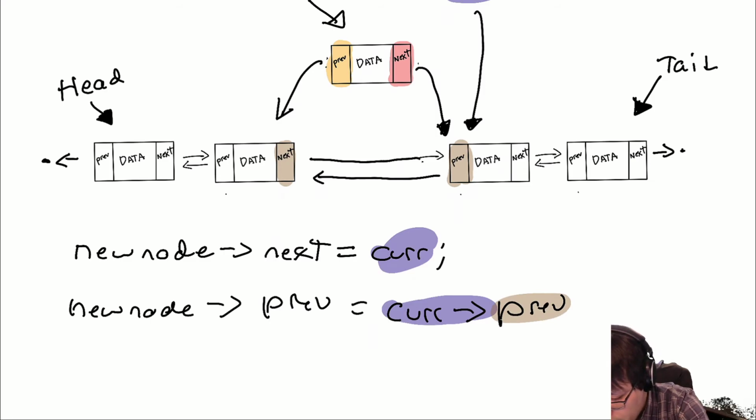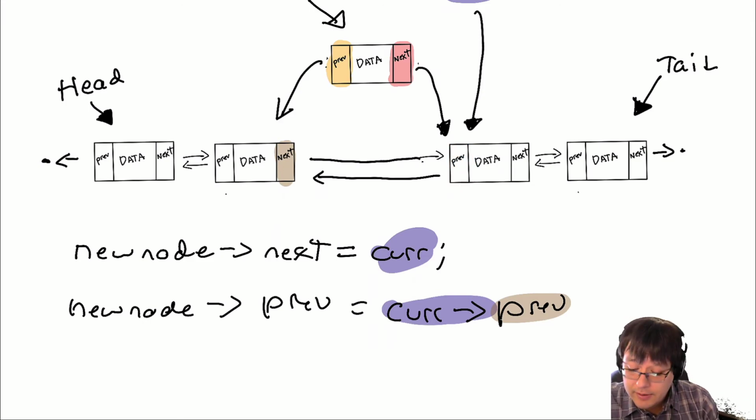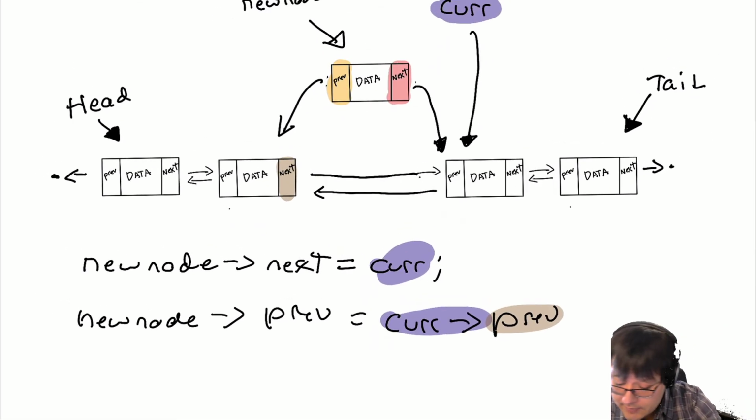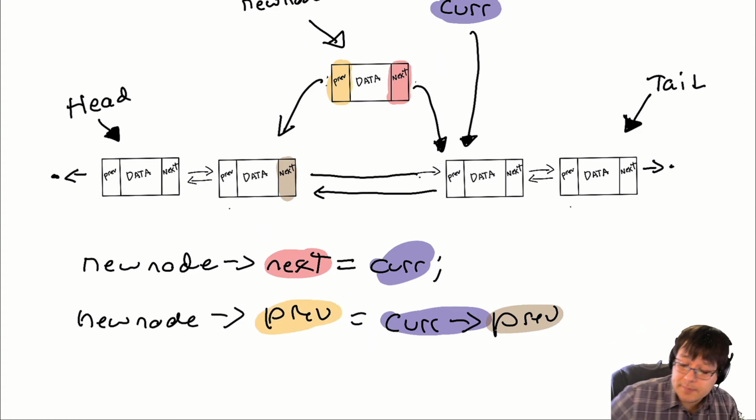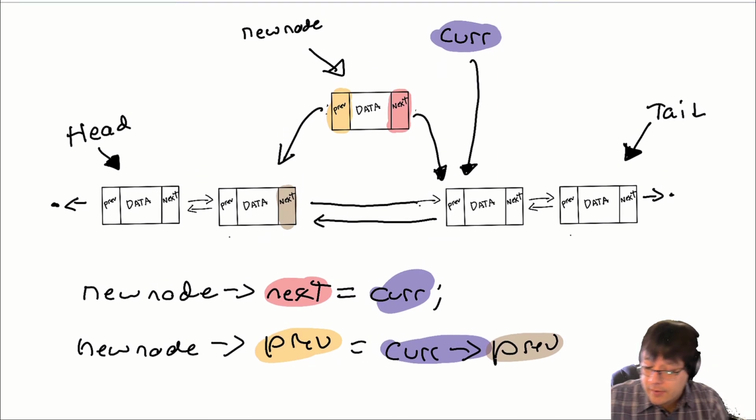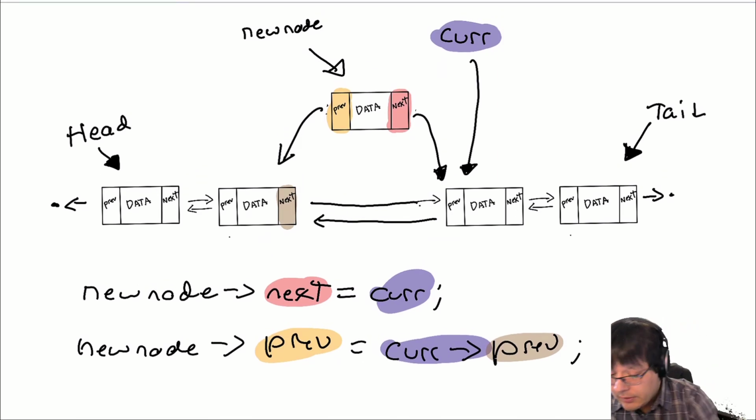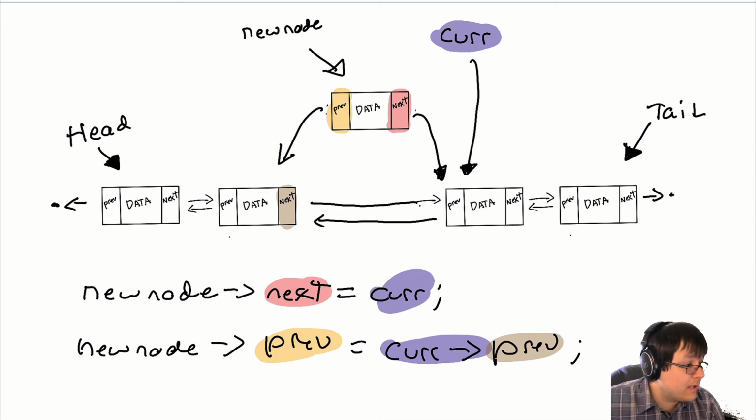So just to avoid confusion with the colors, let's get rid of that color like that. So there we go. And then this is red, and then this is like some sort of orange, I guess. So doing that line of code will guarantee that we now have the ability to partially link this thing using the new node.